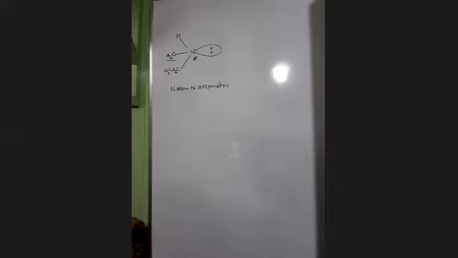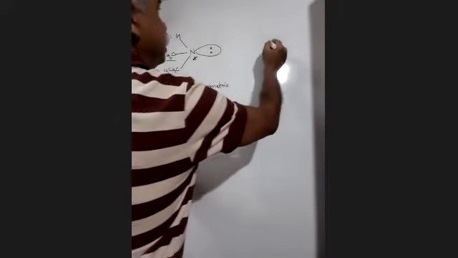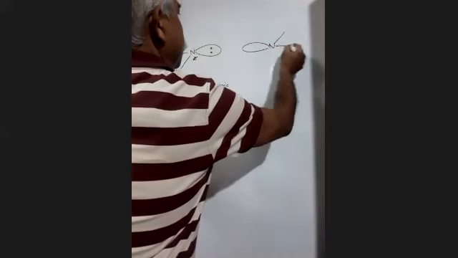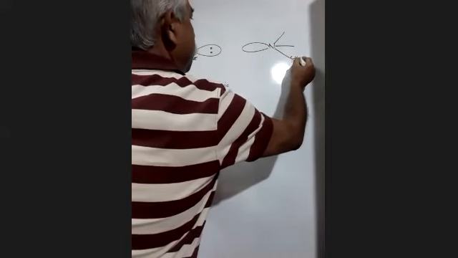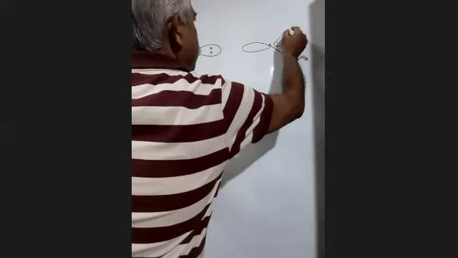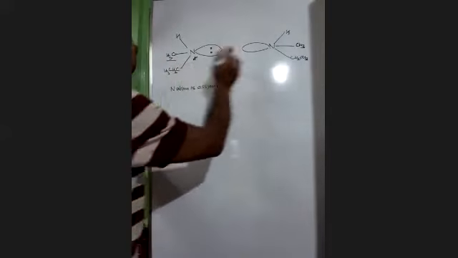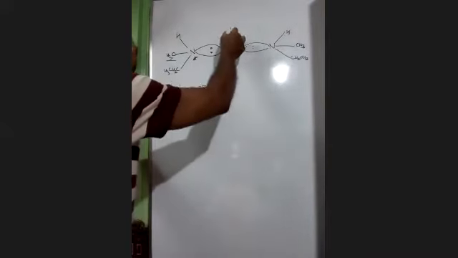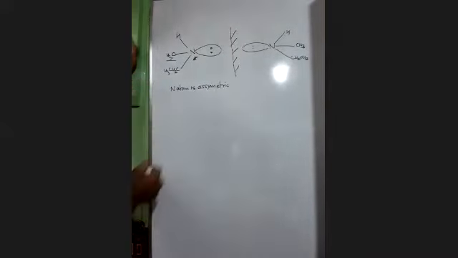I'll tell you the reason. See, this should be the other isomer. If this is dextro, this should have been levo. So this is the optical isomer, is it not?